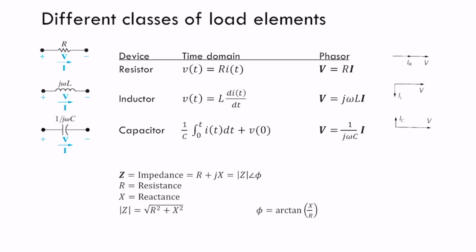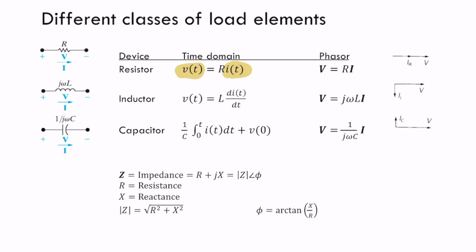Okay, let's start with understanding these different classes of elements. Let's start with the one we call a resistor, which is basically a resistance. In time domain, the relationship between the voltage and the current is a linear relationship connected with this value R, the resistance of this element.